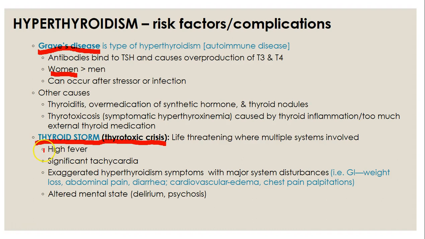You're going to have high fever, tachycardia, exaggerated hyperthyroid symptoms, so weight loss, abdominal pain and diarrhea, cardiovascular edema, and chest pains and palpitations. And a lot of times these folks will be delirious and have an altered mental state.